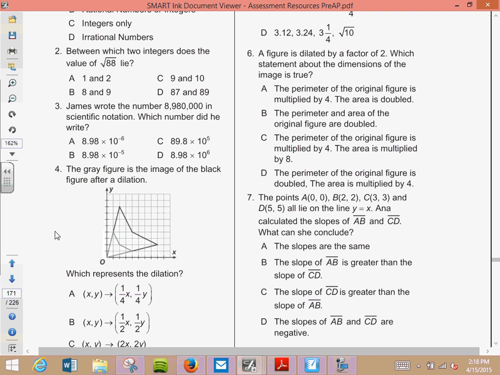James wrote the numbers in scientific notation. Which numbers did he write? Can you eliminate any of them? Why? They're negative, right? The zeros are at the end, not behind it, right? And what else? Why can you eliminate C?